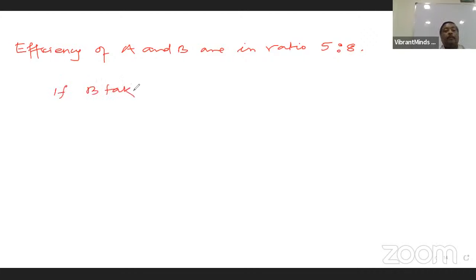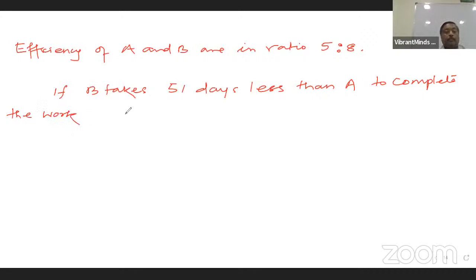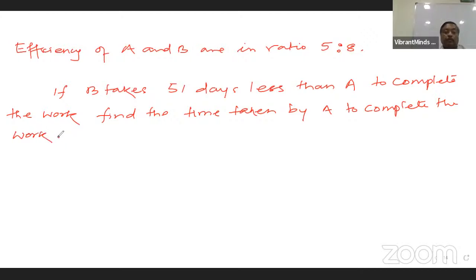If B takes 51 days less than A to complete the work, find the time taken by A to complete the work.